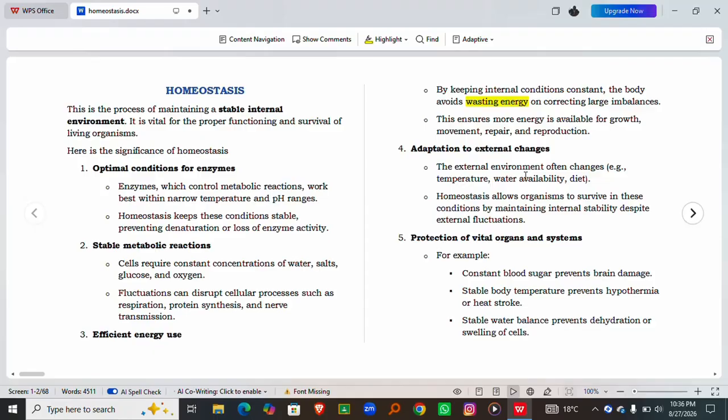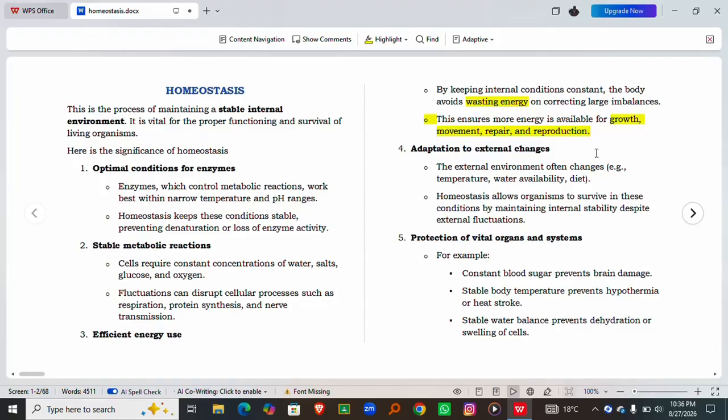This ensures that the little energy that we have in the body is used for growth, for movement, and for repair and reproduction, because these processes require energy in our body. The other point is adaptation to external changes. An organism has an external environment.